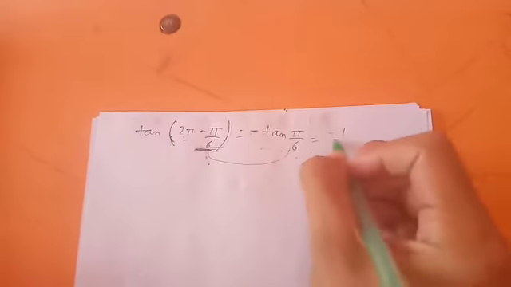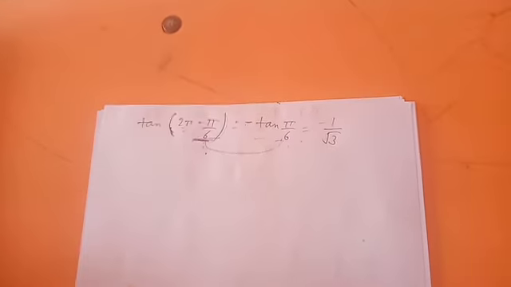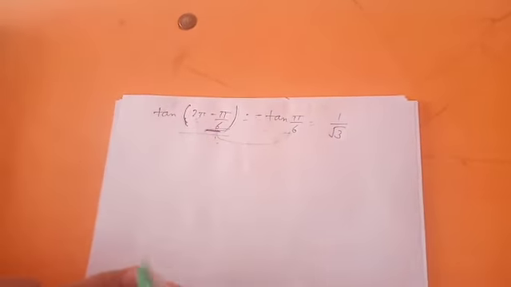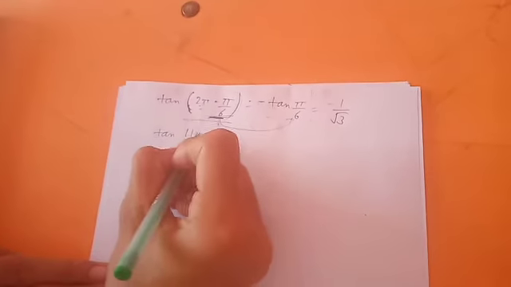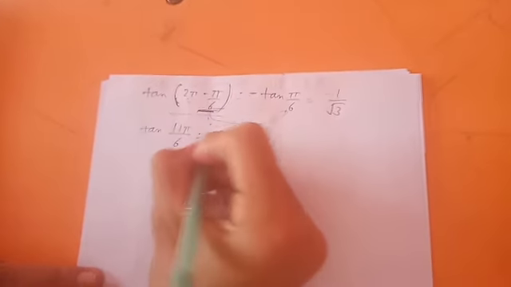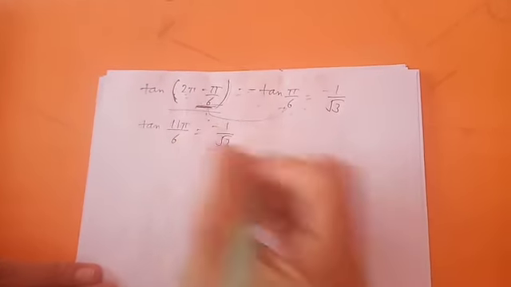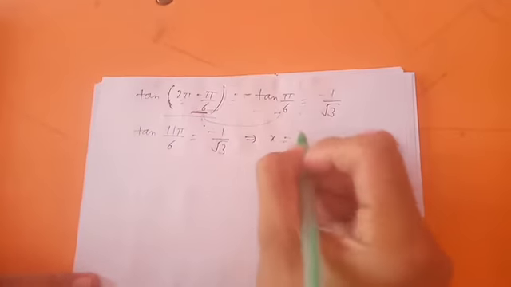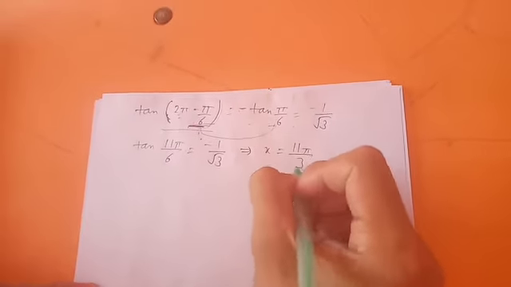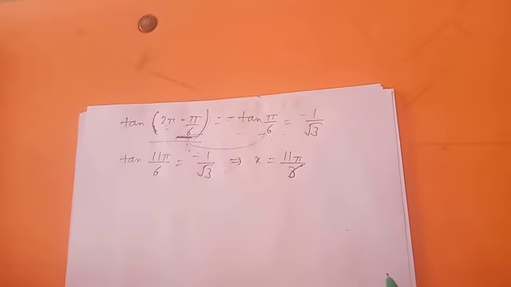Now again I got minus tangent pi by 6, and minus tangent pi by 6 is again equal to minus 1 by root 3. And what is 2 pi minus pi by 6? It is tangent 11 pi by 6, that is equal to minus 1 by root 3. So from here what do I get? I get x equal to 11 pi by 6.